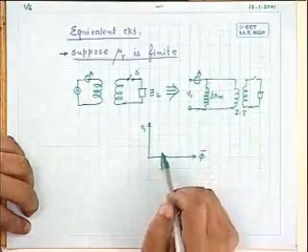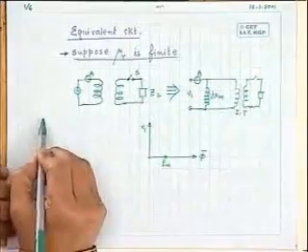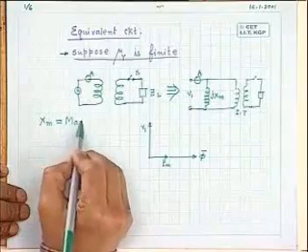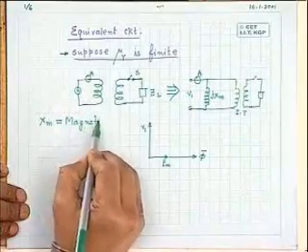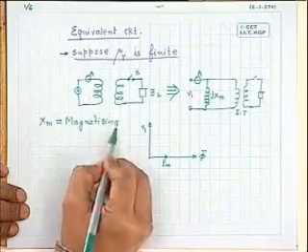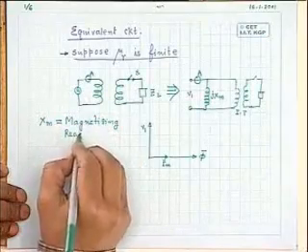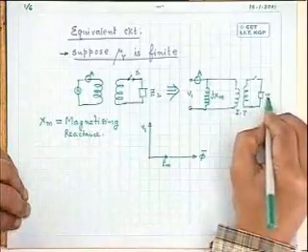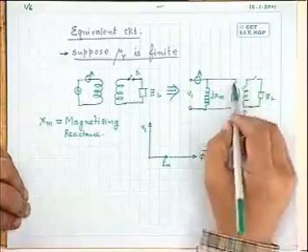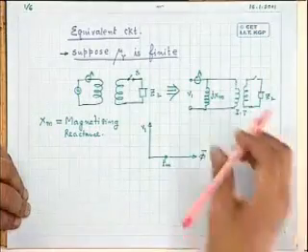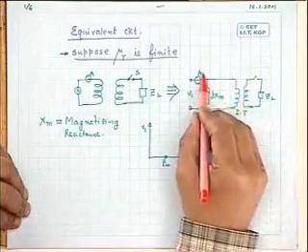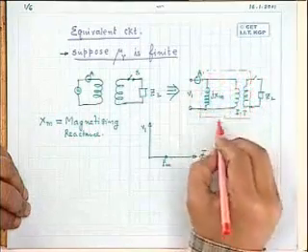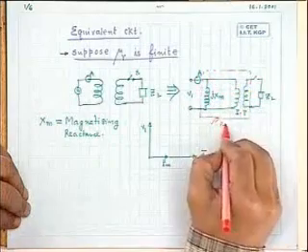So it is represented by a reactance, and this Xm is called the magnetizing reactance of the transformer. So this portion, I told you, is your ideal transformer, and this whole thing is your practical transformer. I mean, somewhat practical transformer.